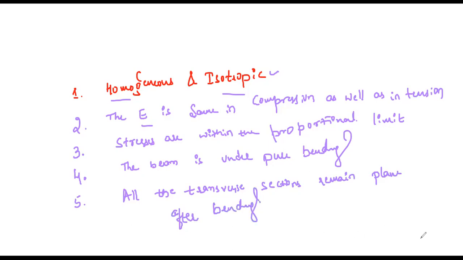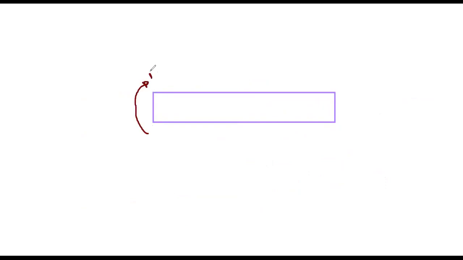What exactly does it mean? For example, if you have a beam like this, subjected to pure bending, before bending, this was the transverse section, or you can call it the plane before bending.